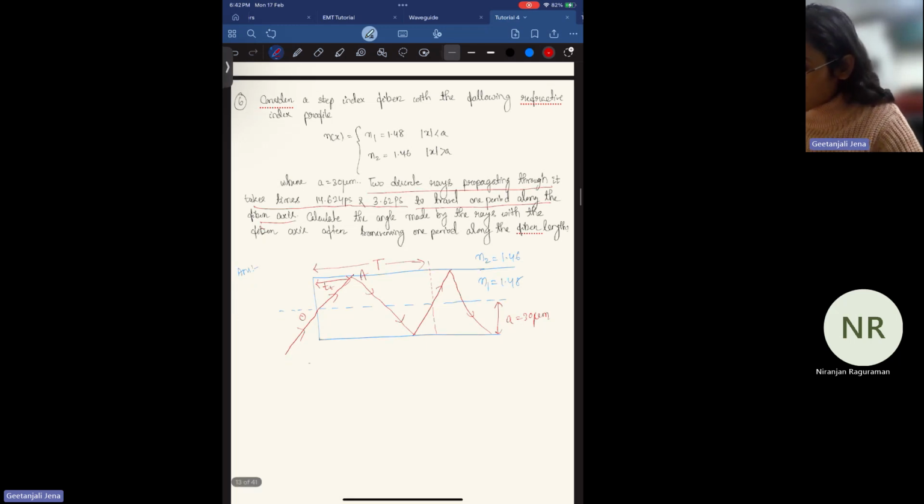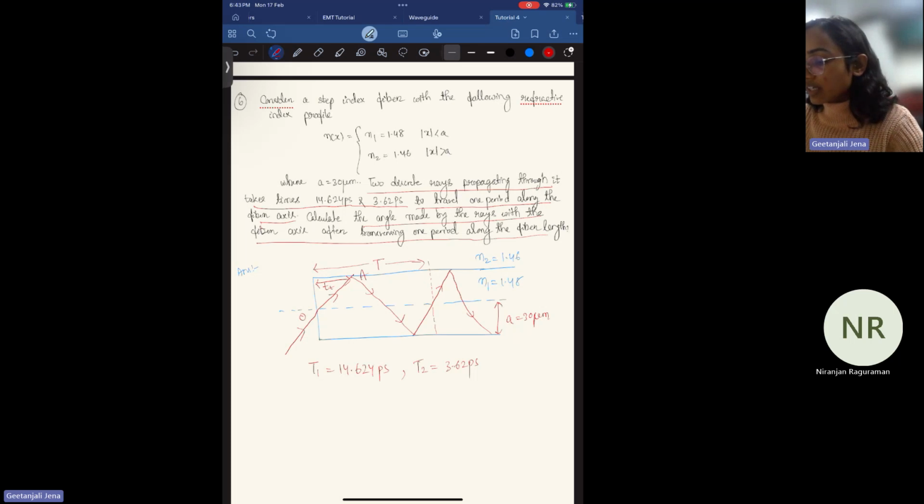So that means T is given. T1 is 14.624 picosecond and T2 is 3.62 picosecond. So calculate the angle made by the rays with the fiber axis after traversing one period along the fiber length.